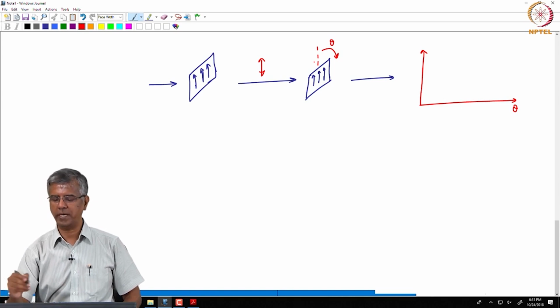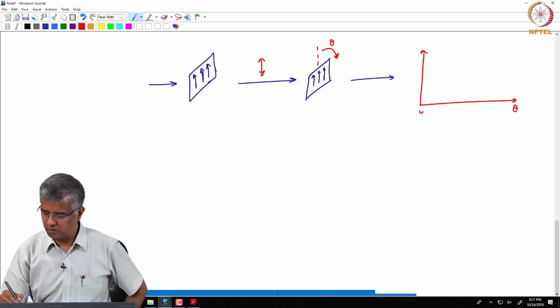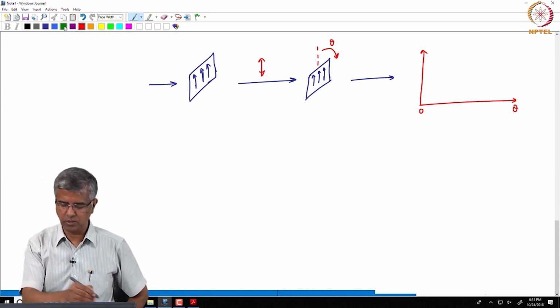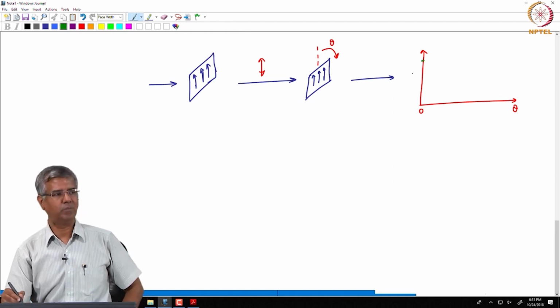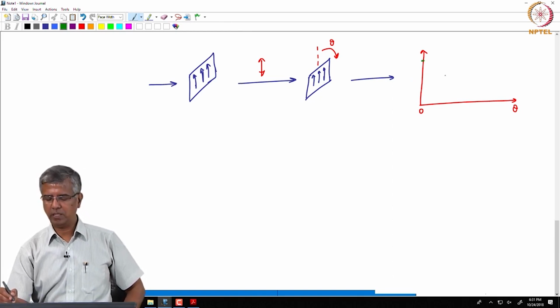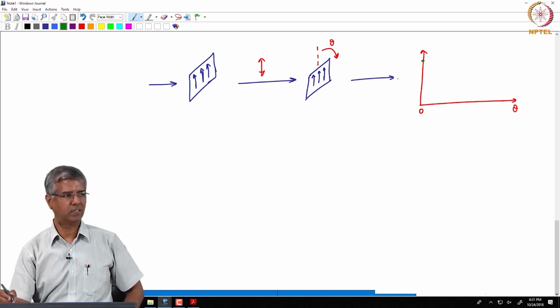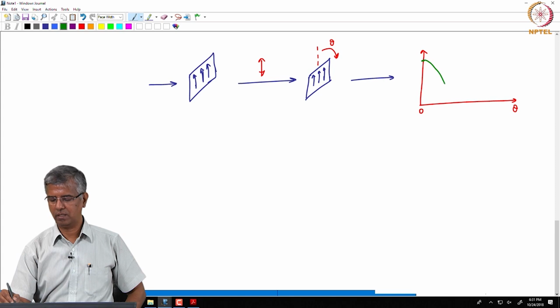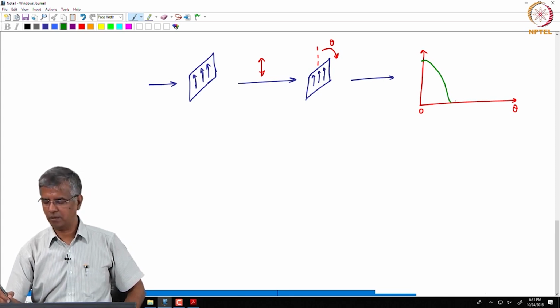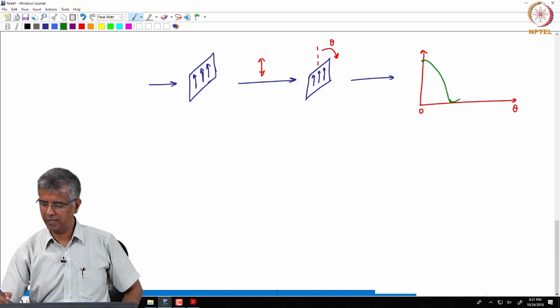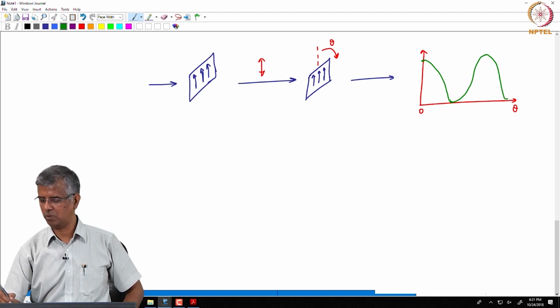Okay. So, what do I expect to see? When theta equal to 0, then I get to see maximum light, but when theta equals pi by 2, 90 degrees, it will extinguish that light. And then if theta goes to pi, that will go to maximum again and then extinguishing and so on.